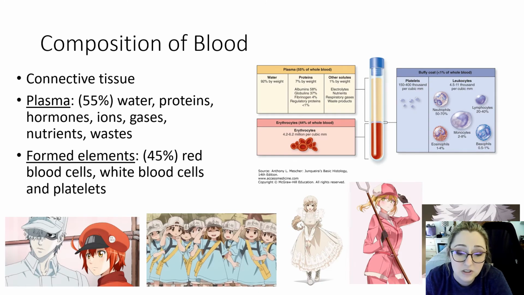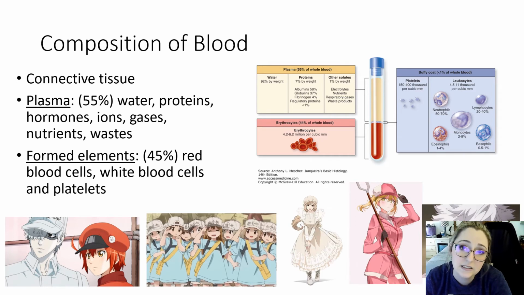The composition of blood is, once again, think about connective tissue. When we're talking about connective tissues, one of the connective tissues is blood. It is your liquid connective tissue. That means it's going to be composed of a few things. First is going to be plasma. Plasma makes up the majority of your blood composition at 55%.